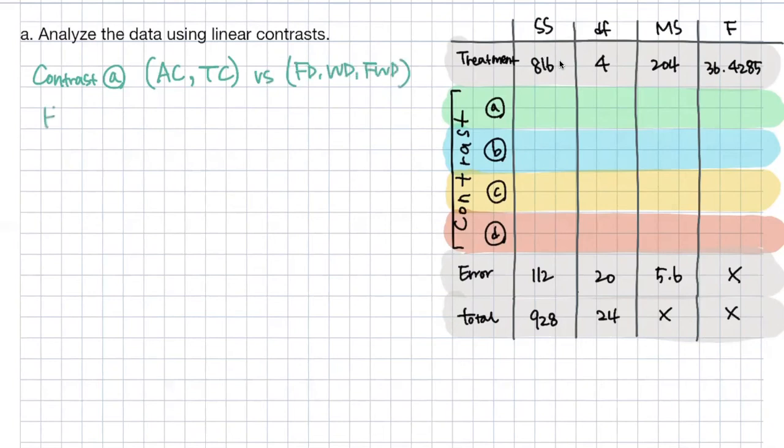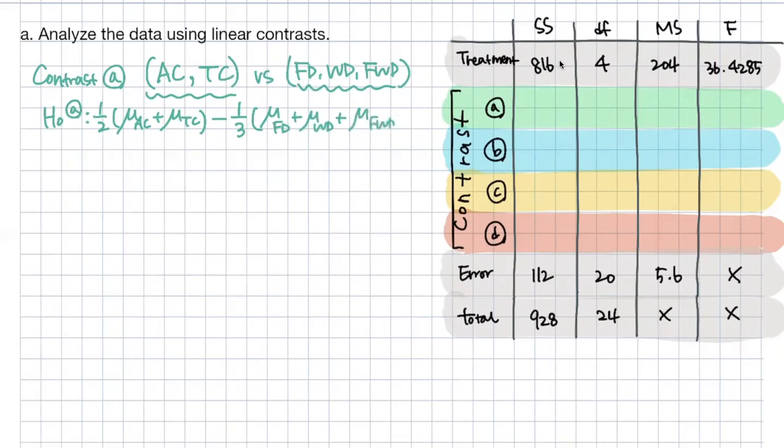So my null hypothesis for contrast A was that the average of the mean scores of these two groups, mu of AC and mu of TC, is equal to the average mean score of the remaining three groups, mu of FD plus mu of WD plus mu of FWD.